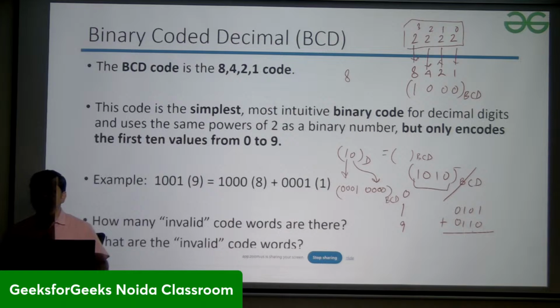Okay, what will be the outcome? So you'll simply apply the positional sum. 1 plus 0 is going to be 1. Again, 0 plus 1 is going to be 1. 1 plus 1 is going to be 0. There will be a carry, and that turns into 1011, which is invalid BCD.